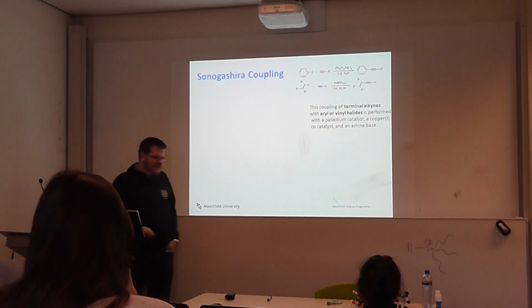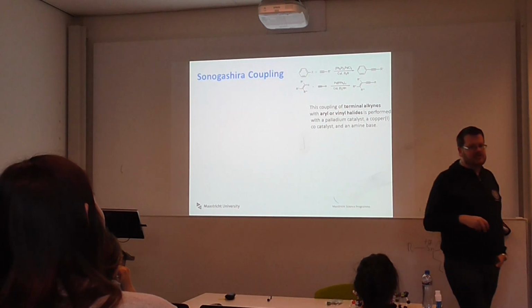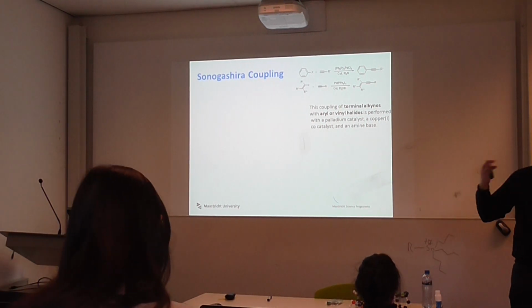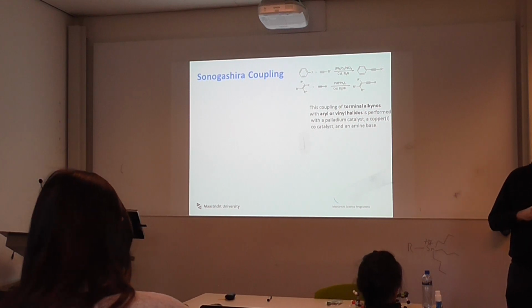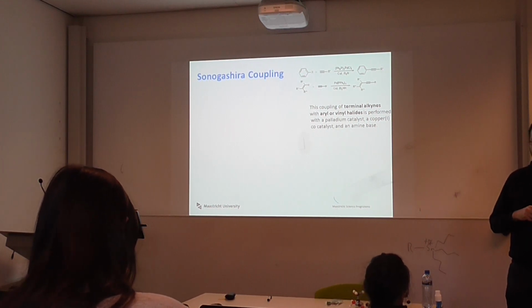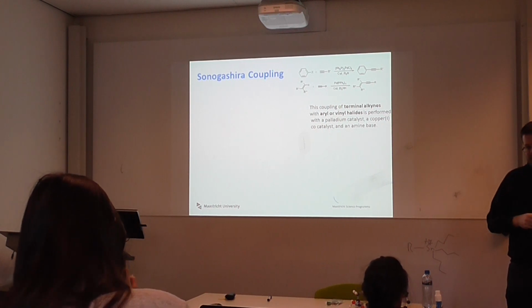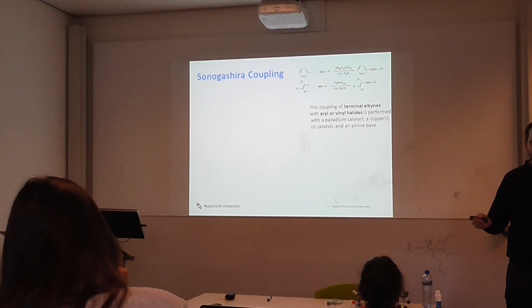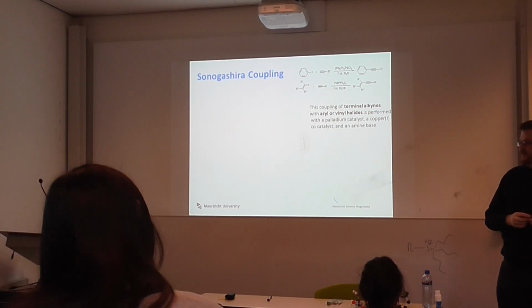Now I want to introduce, so these couplings that we've discussed up until now essentially involve sp2-sp2 coupling. We start with an aryl halide, we couple it to a vinyl or an aryl halide. So we can do aryl coupling, we can do alkene coupling. That's what we're doing: sp2-sp2 coupling with one of the four variations on the theme that we've looked at.